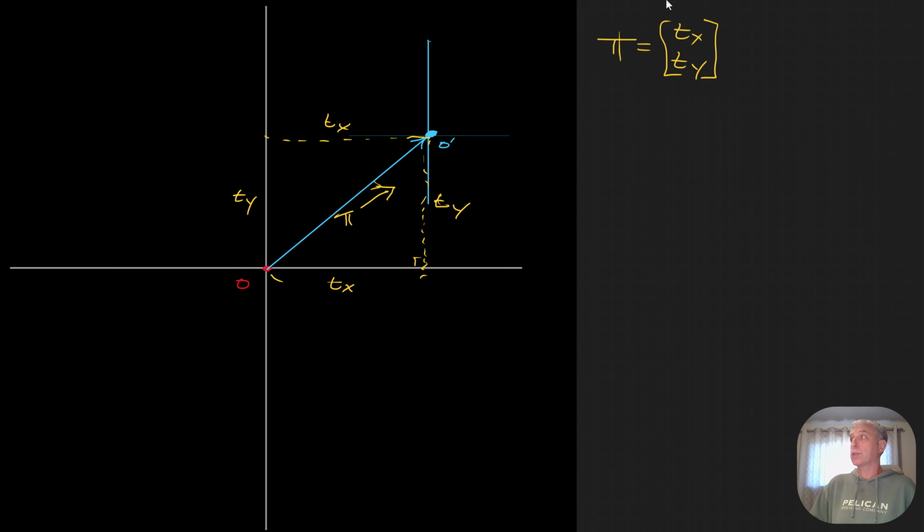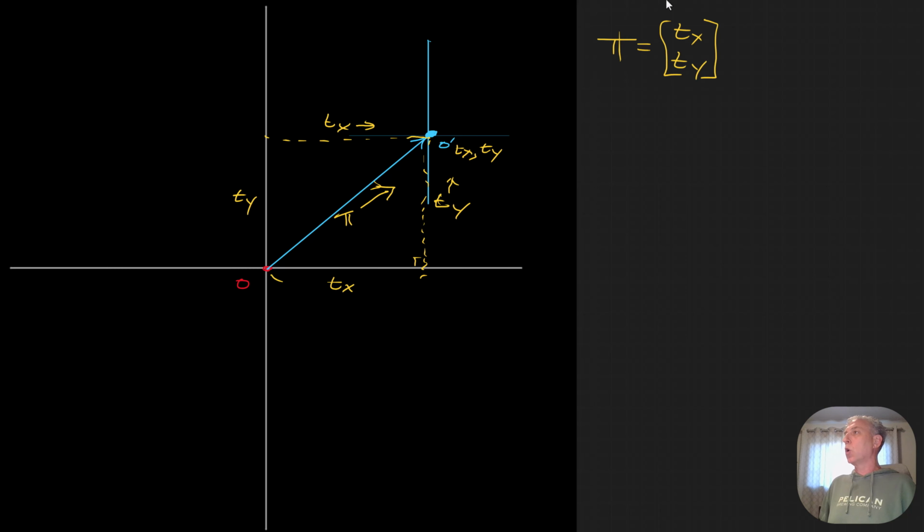Those are just coordinates, aren't they? So the O prime in the old system has coordinates tx and ty. And since direction is important, we notice that in our development right now, our tx is in the positive direction and our ty is in the positive direction.